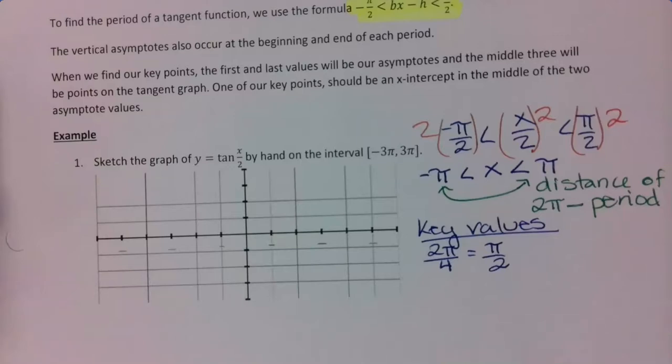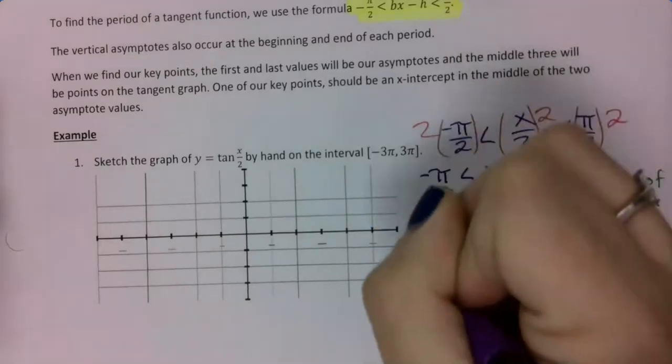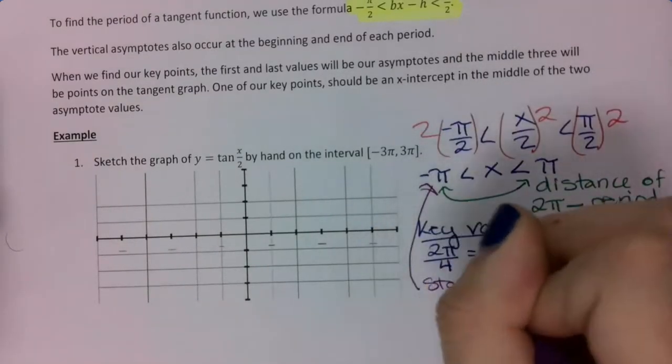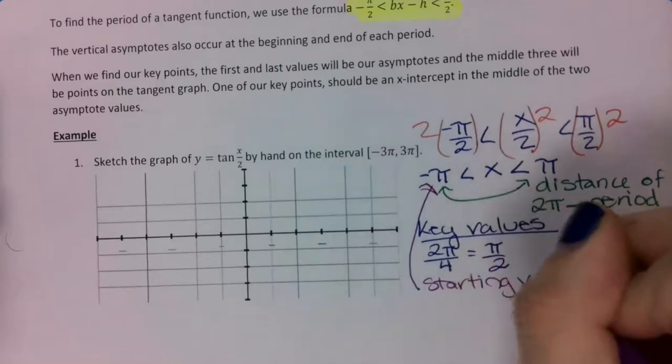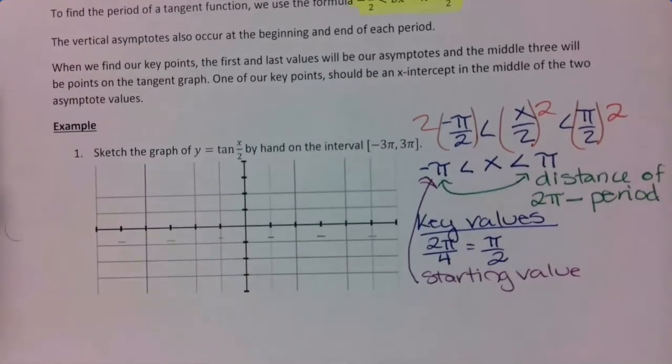Any ideas for my starting value for my key points? So my starting value should be the left bound of the range I have.